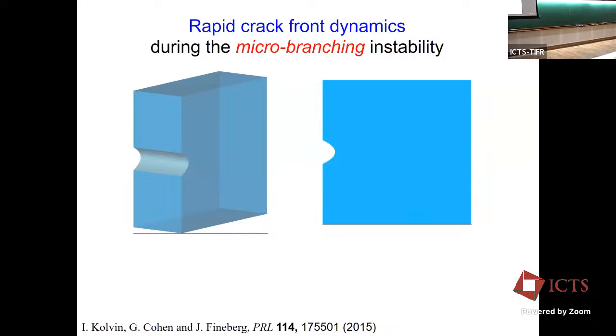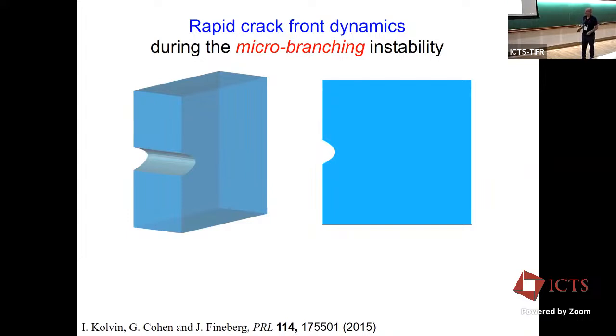Let me try it with this. Okay. So these yellow spots are the micro branches. They're localized here. The K2 that I measured is global. So it may locally get rid of the K2, but globally it's still there.